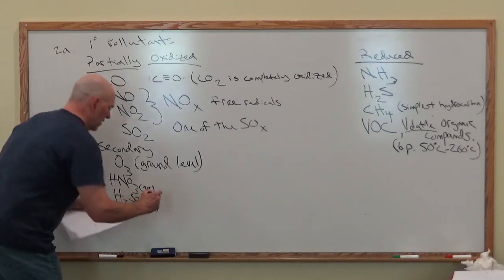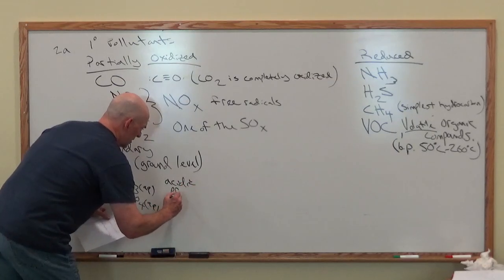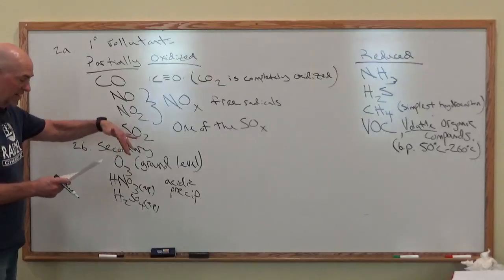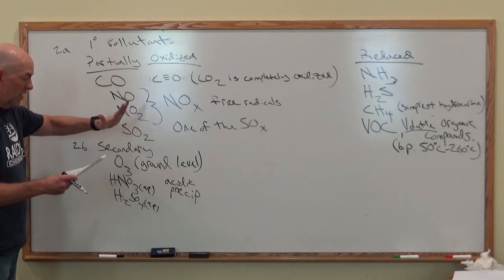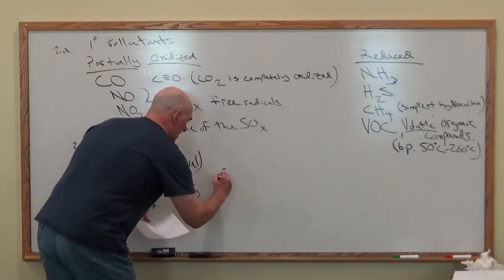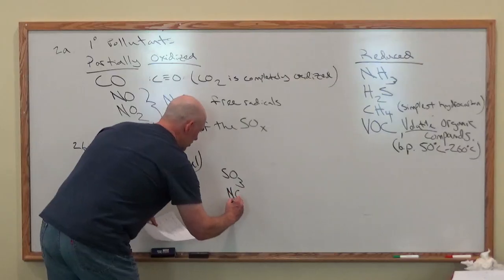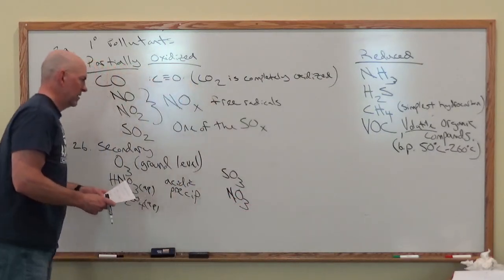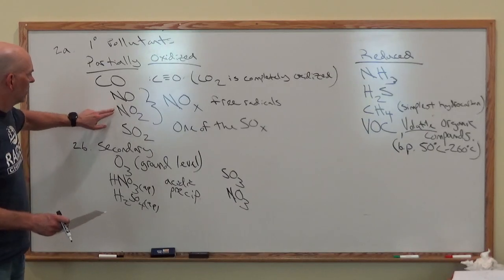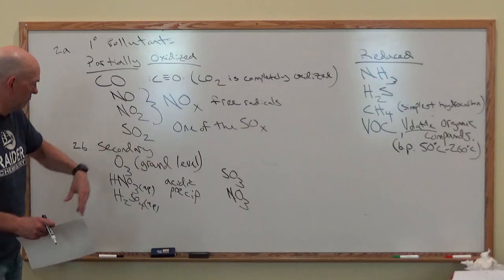So these are collectively called acidic precipitation. So I read out the whole word, acidic precipitation. Fine. And then sulfur trioxide and nitrogen trioxide, those are the completely oxidized forms of nitrogen, sulfur, well, I was about to say respectively, but I guess reverse respectively.